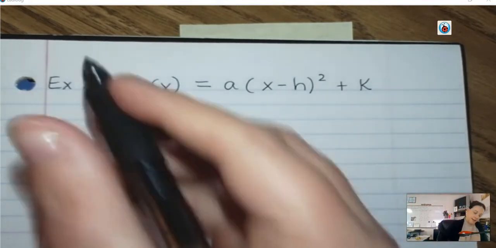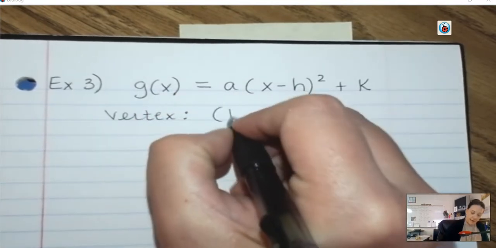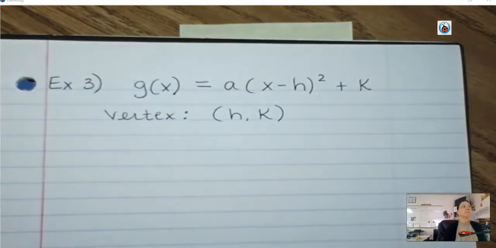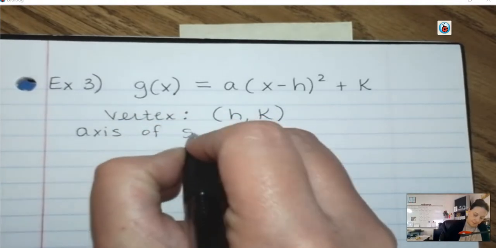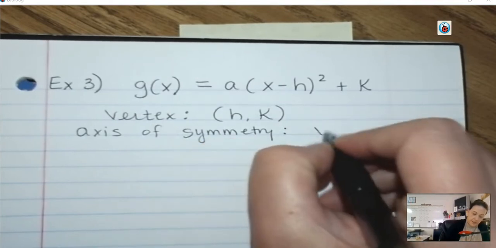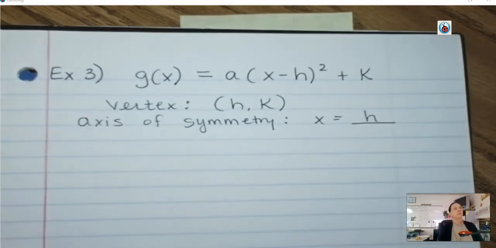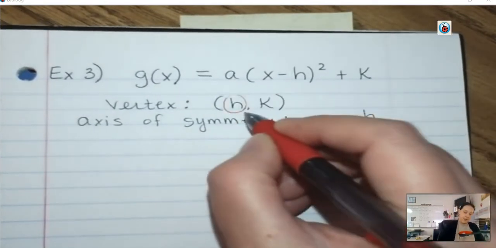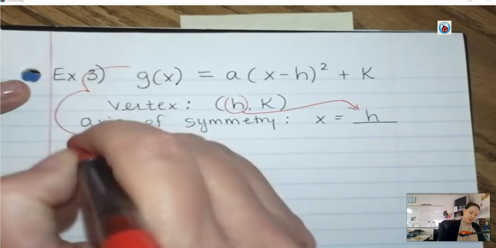The vertex of the graph is going to be at h comma k. And the axis of symmetry is at x equals whatever that h value is. So whatever you got here for h goes right there. Okay, so we're going to be using this for example 3.